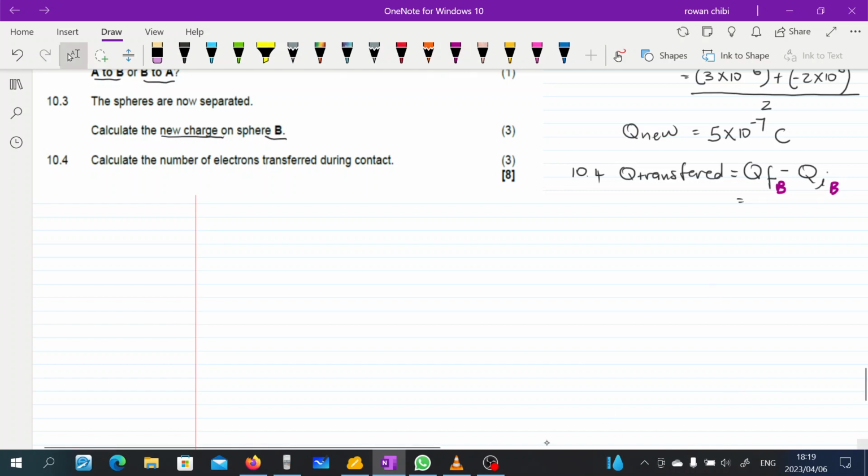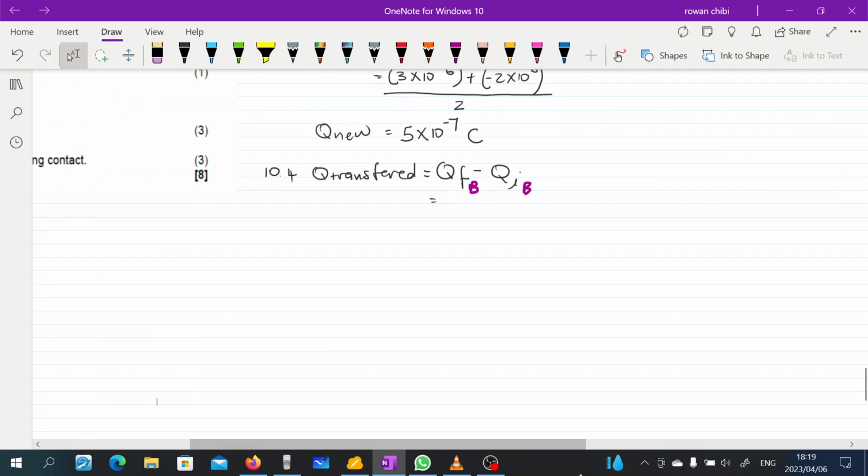So let us look at this calculation now. How much is the final for B? So we know B Q final is 5 times 10 to the power negative 7.